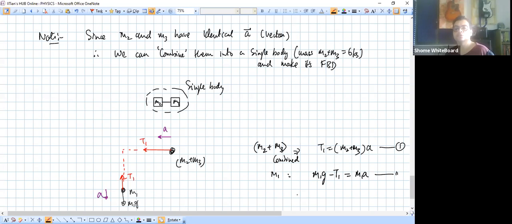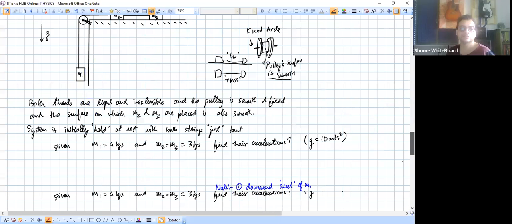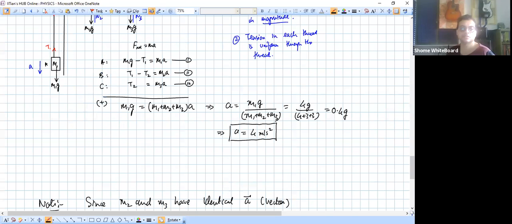And now you can see to solve for A, just add the two equations. So you just get M1G is equal to M1 plus M2 plus M3 times A, which was the equation we had got from the other three equations also. You can see that this is identical to the equation we had got here. When we combined these three equations, we got this equation here.